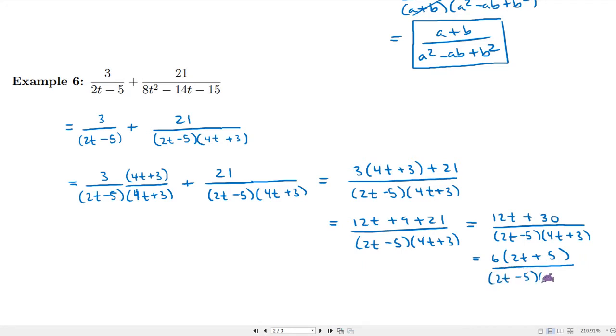Well, if that was a minus, that would have been nice. But since it's not, we're not going to be able to reduce anymore, so this is the answer. Right? If that were a minus, we could have reduced, but it didn't happen, so this is the answer.